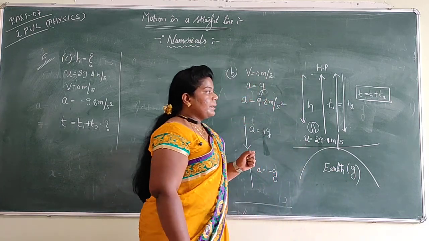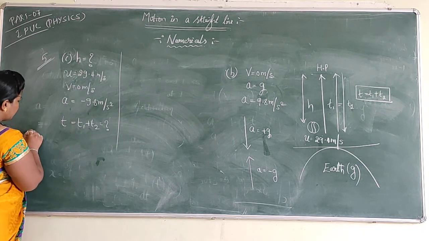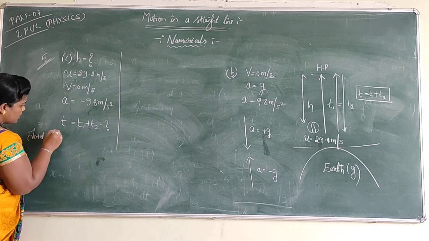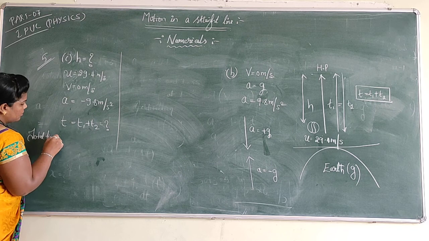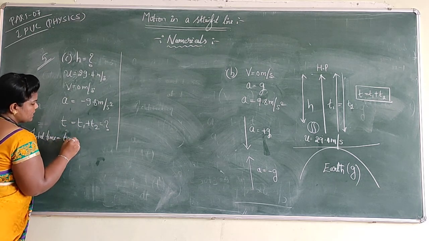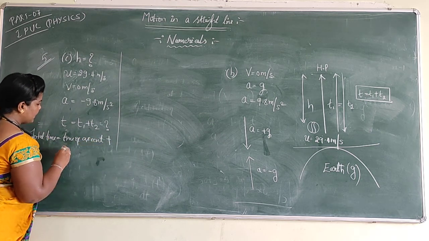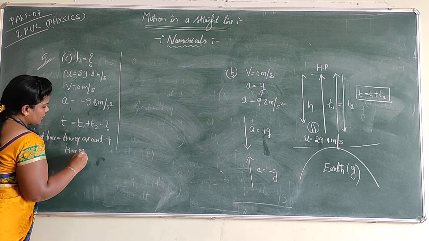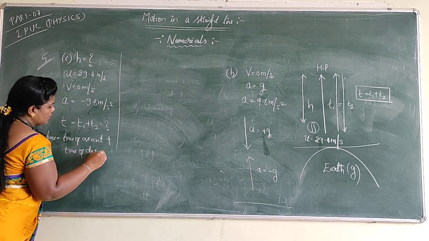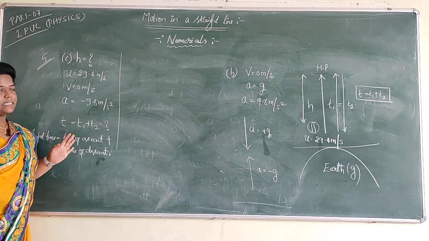So, dear students, small t is the total time, t1 is the time of ascent plus t2 is the time of descent. Time of ascent plus time of descent.